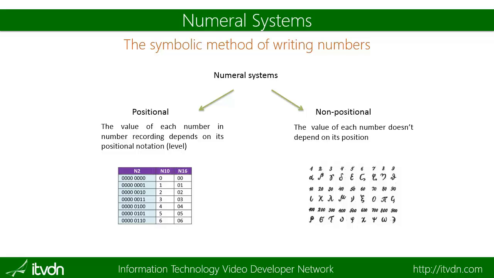What this means is that in the positional numeral system, the value of a number depends on its position, while in the non-positional numeral system, the value of a number does not depend on its position. This is difficult to understand and remember, so it is not used now. It's not very popular. What we are concerned about is the base 2, base 10, and base 16. Let's take a look at these systems in more detail.